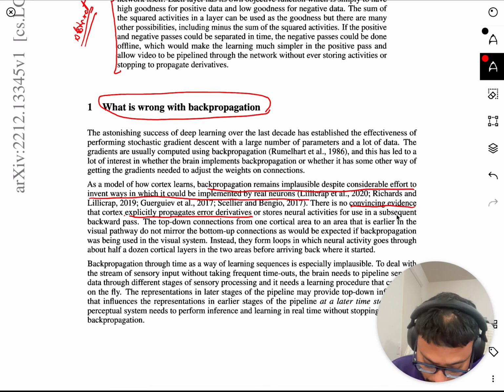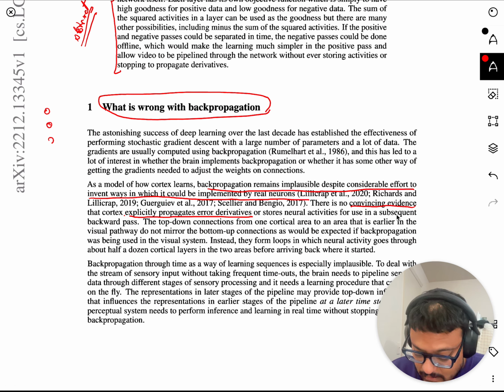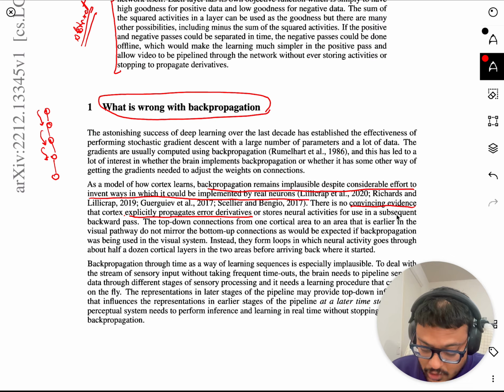In the case of neural networks, when you are doing backpropagation, you have to backpropagate the gradients via the chain rule, and that is something we have not seen in the brain. There is no such explicit mechanism for information passing.